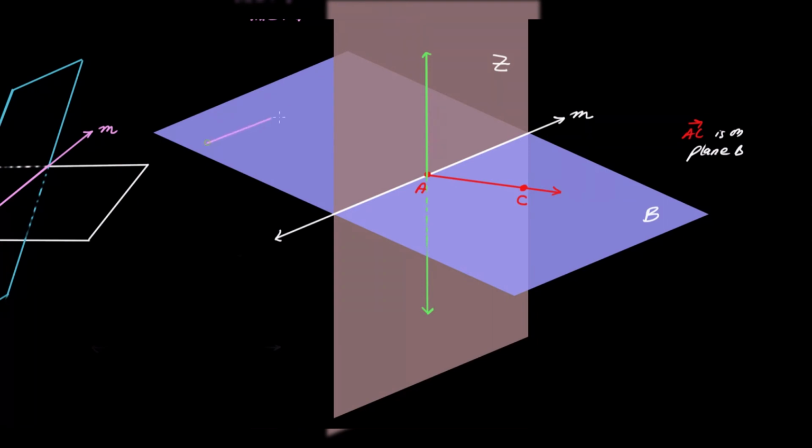Here's a line that's in plane B. Let's call this one line N. Now this line is in plane B, so you can't see this part of it because it's going to be hidden by plane Z. If this line N is parallel to line M over here, it will never intersect plane Z. So in fact, a line does not necessarily have to intersect the plane, because a line can also be parallel to a plane.